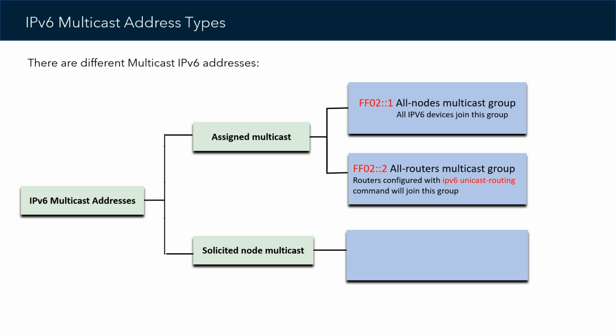Whenever you configure your router with the ipv6 unicast-routing command, that router will join the all routers multicast group. Solicited node multicast is a special IPv6 address mapped to the MAC address of a destination device and used by ICMP version 6 to resolve an IPv6 address to a MAC address.